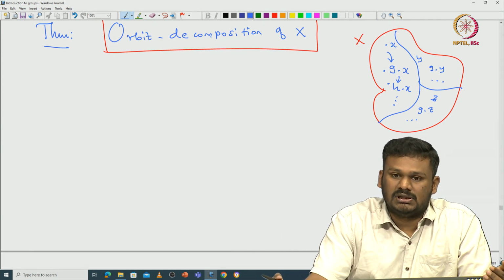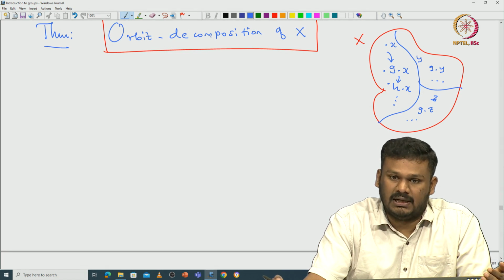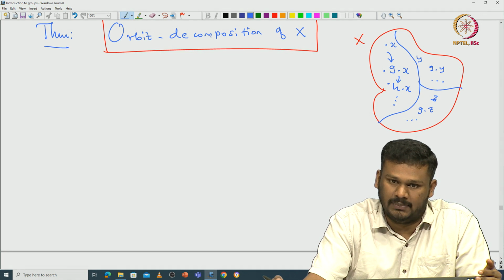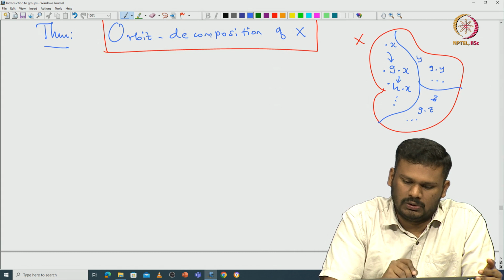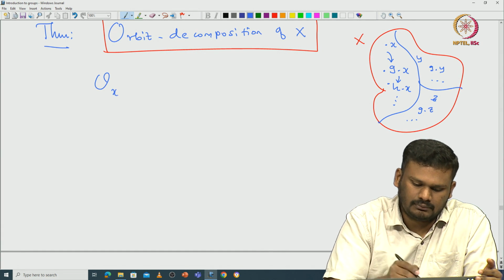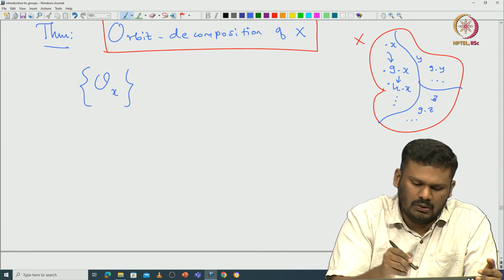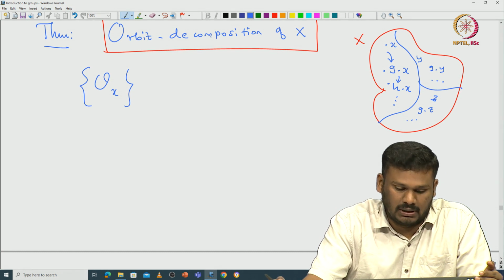So, recall what is a partition? Partition is a collection of subsets of capital X. Okay. They are all mutually disjoint and whose union is capital X. Okay. So, we need to prove two things. Okay. So, we want to say that the orbits. Okay. So, now we need to collect these orbits.